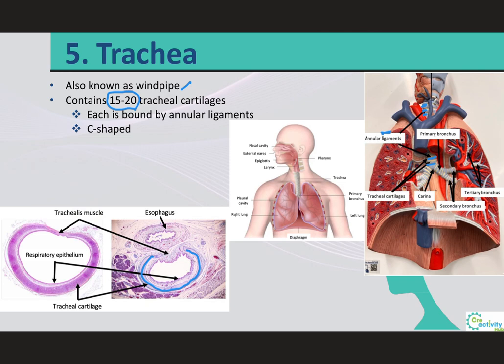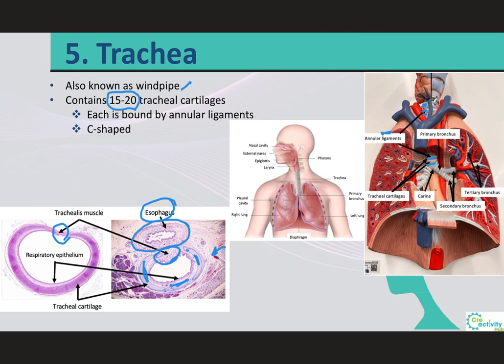We can see right over here from this image, I think this is a perfect image to show you this C-shaped structure. Therefore, we can say that the closed portion of the C protects the anterior and the lateral surfaces of the trachea, and the open portion of the tracheal cartilages will face posteriorly, therefore towards the esophagus, as we can see right over here from this image.